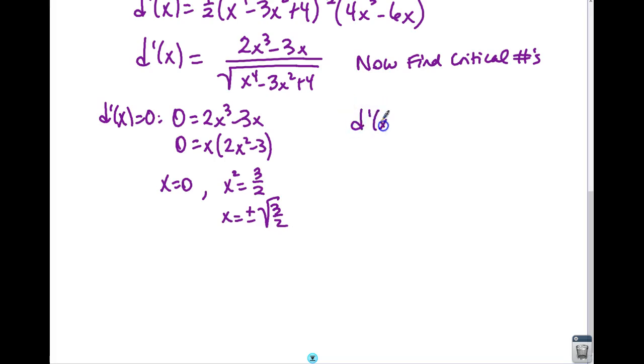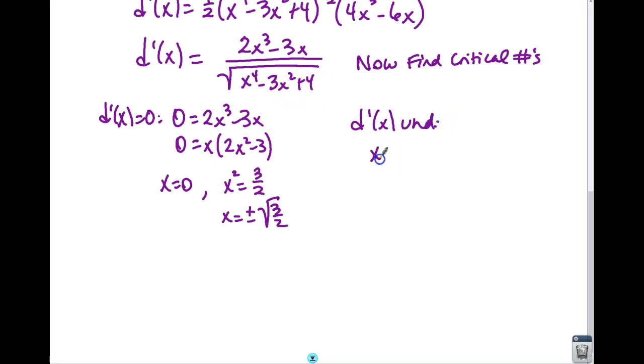Next, where d prime of x is undefined. Ooh, we do have a denominator for d prime. So whenever this is equal to 0, that's going to give me a problem. Also, I can't put a negative number in here, but I don't think we would end up with a negative in any way here. So I think we're good. We just need to check where this would be equal to 0.